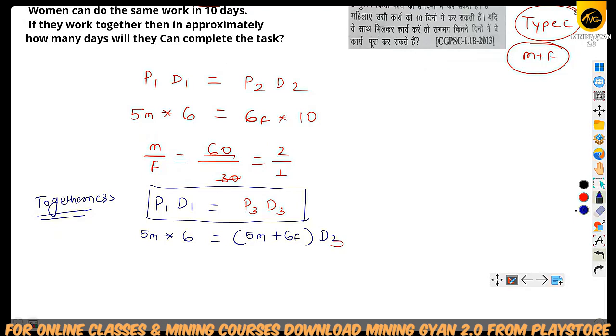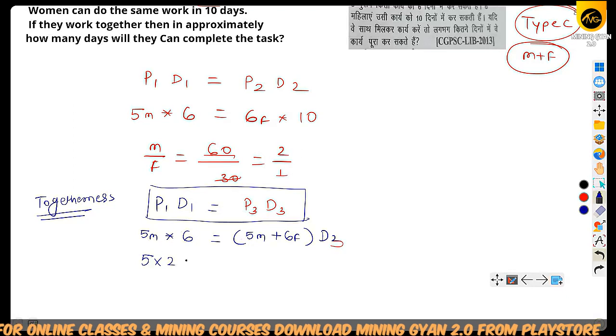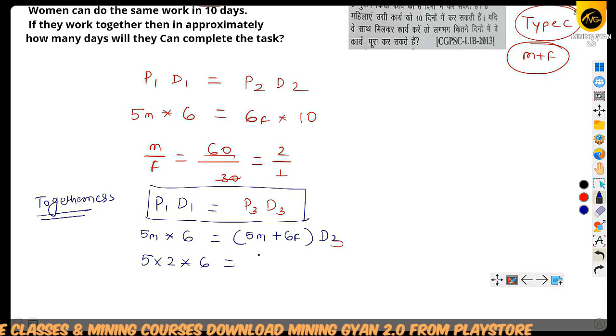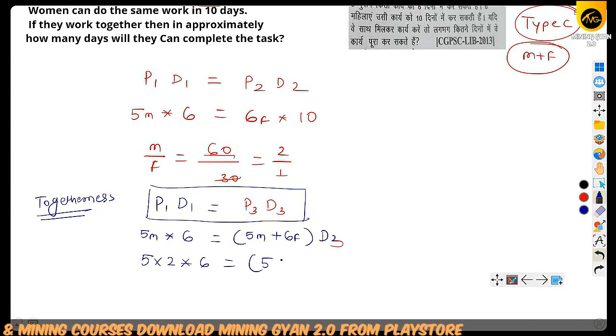Now just put down 5 into m, which is the ratio of male, that is 2. So put m is equal to 2, because the ratio of male to female is 2:1. Multiply by 6 is equal to again 5, ratio of male is 2, plus 6, ratio of female is 1.